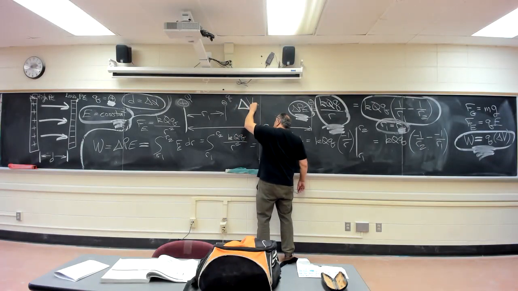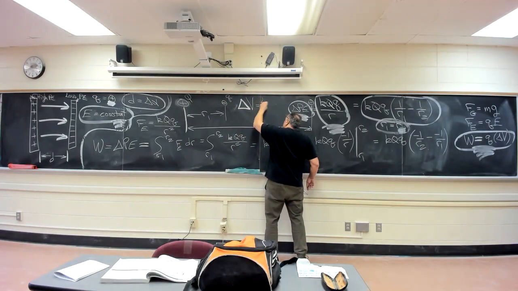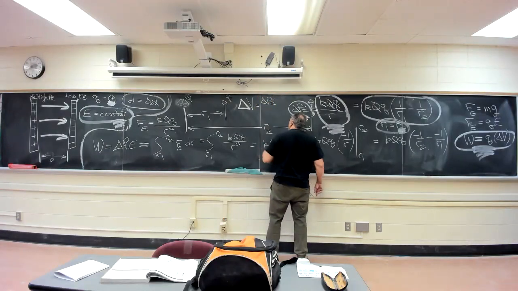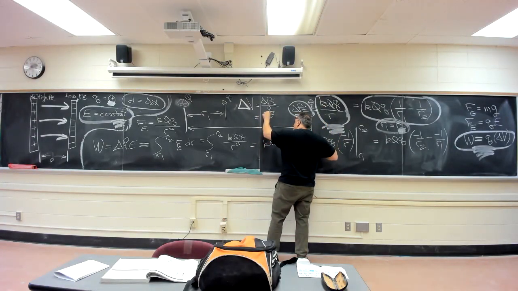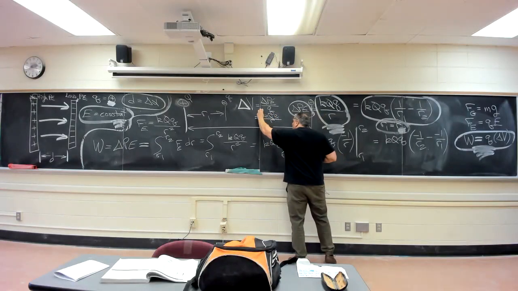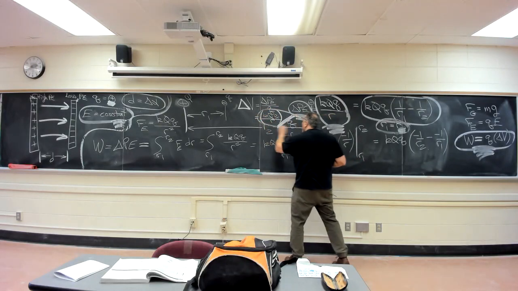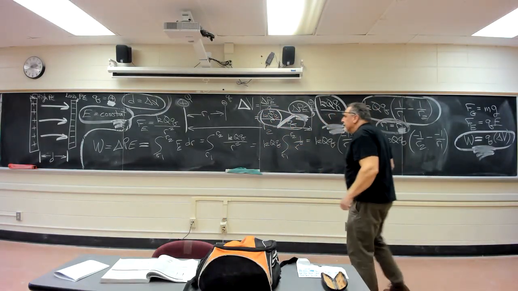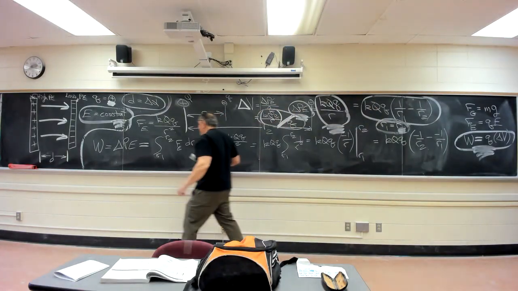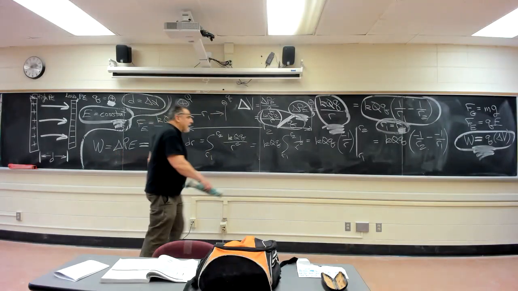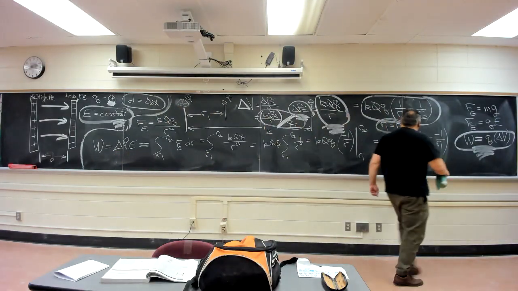Delta V is delta PE over Q, is KQ, small q, over R, divided by Q. I ran out of room, guys. So let me get rid of some of this. I'd like to not get rid of any of it, to be honest with you, but let me get rid of some of it.